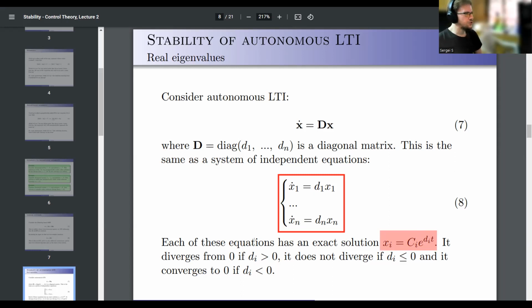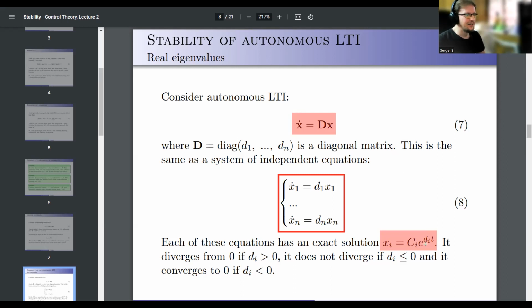If we want to discuss stability of the solution x equal to 0, note that x equal to 0 is always a solution for LTIs of this form. Why? Because you can multiply 0 by any matrix and still have 0. So x equal to 0 is a typical node for linear systems.